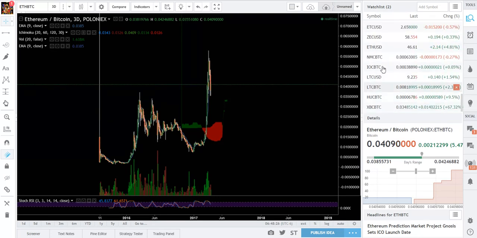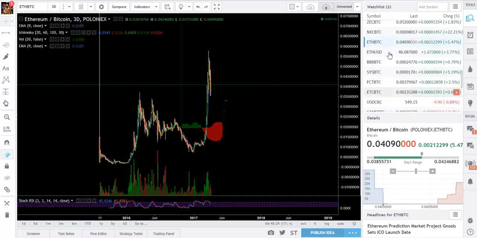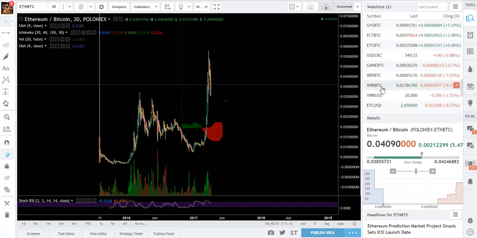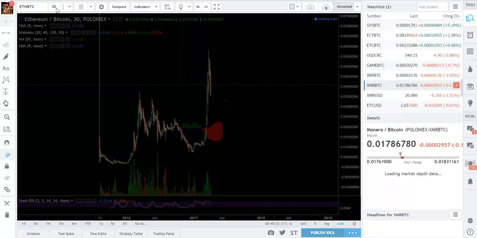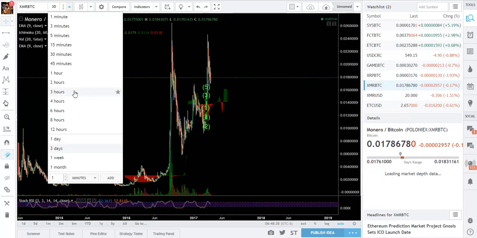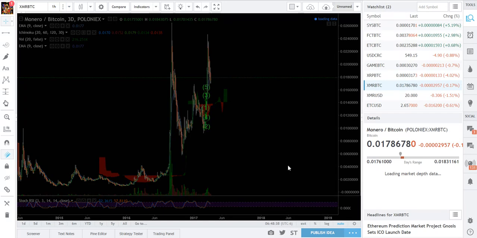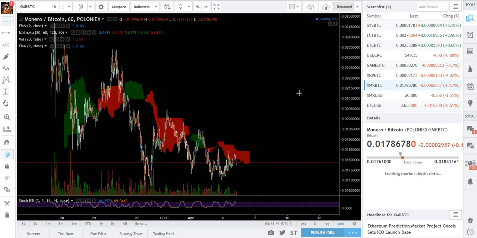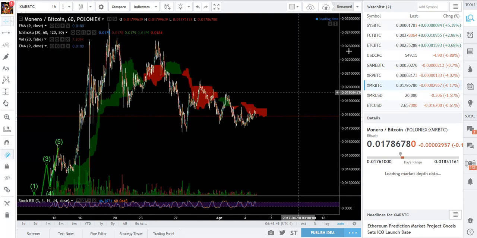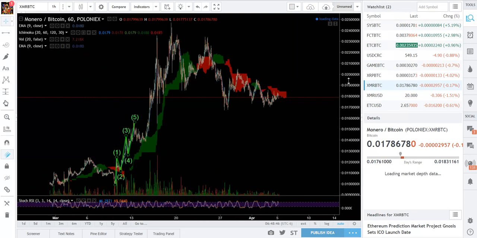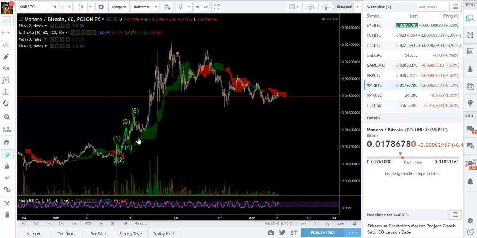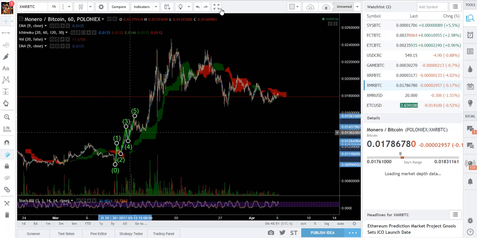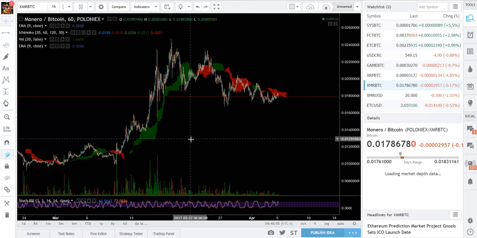For instance, let's use XMR, a really beautiful example of wave within wave theory. Okay, let's look at it on the hourly. Now we have a large market move that was made, okay?